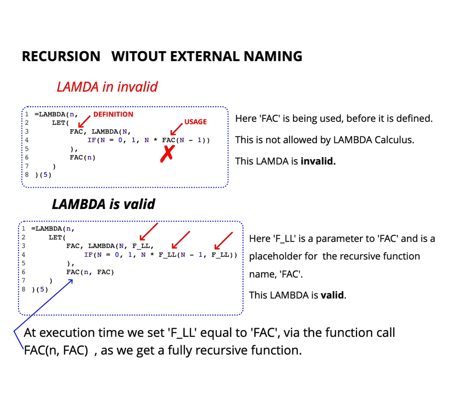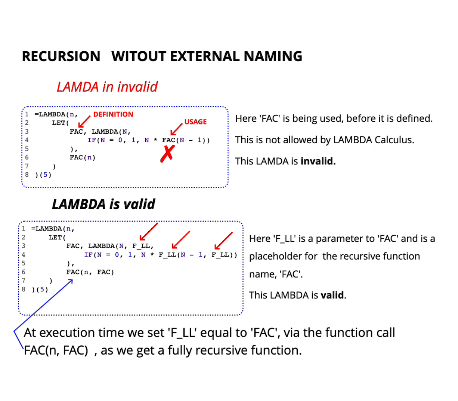However, as shown in the second lambda, we can get around this problem by including a parameter as a placeholder for the recursive calling function's name. We then use the placeholder parameter to make the recursive calls. By using the placeholder, we do not violate the naming rules of lambda calculus, and the lambda is valid.